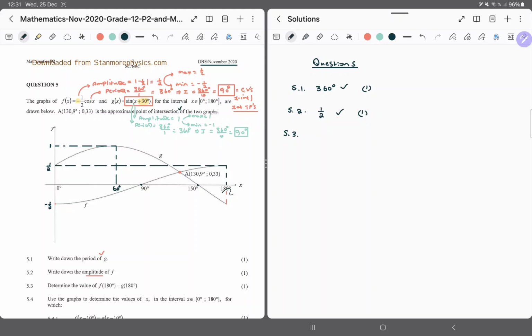So this is going to be 180 plus 30, which is 210. Now 210 is as good as 180 plus 30. So if we reduce that, it becomes 30, but now that's the third quadrant. Sine is negative, so minus sine of 30 is minus a half. So this is a half, guys. It goes exactly there, minus a half.